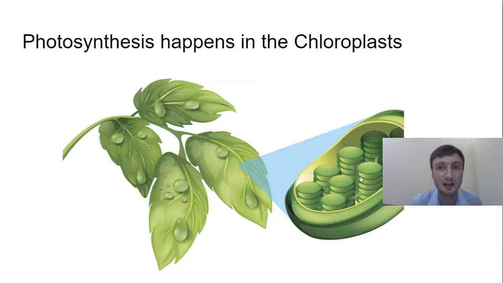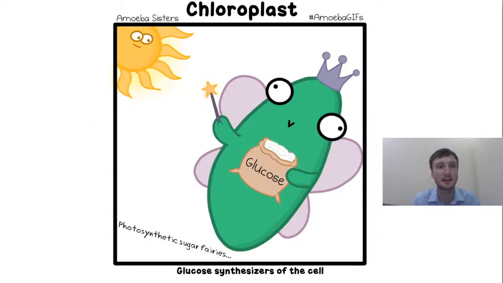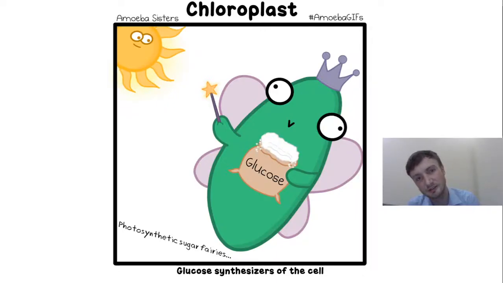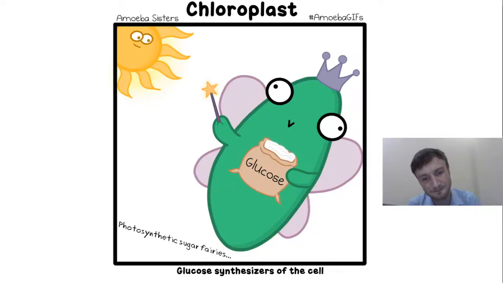Why don't you try and say that? Chloroplasts. Very good. Okay. What else is in the leaf? What else can we see if we look really carefully? Oh, here's a chloroplast fairy, I guess. Getting some sunlight, making some sugar.